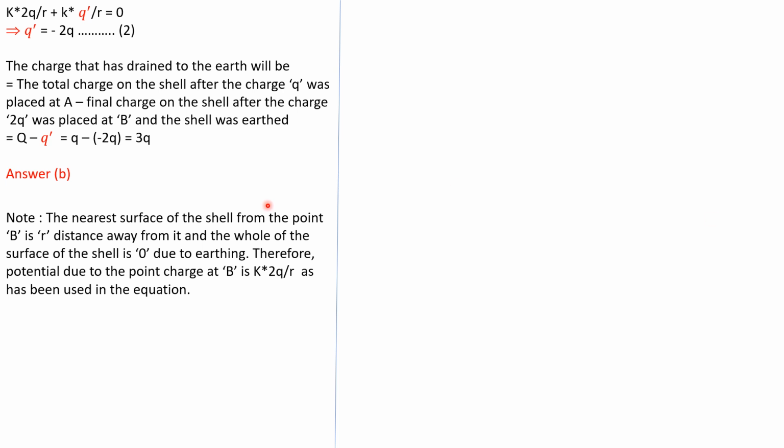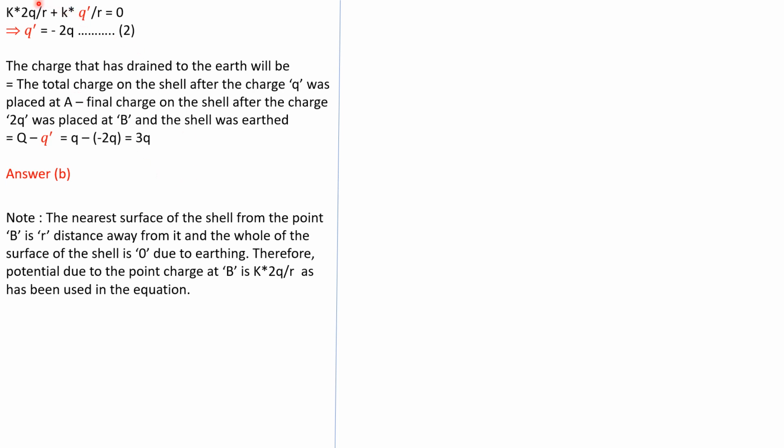So k into 2q divided by r will be the potential due to the charge at B. Why is this small r involved here? Because the nearest surface from the point B to the conducting shell is r distance away, and the entire shell will have a zero potential.